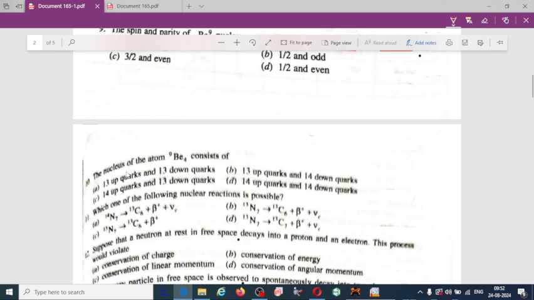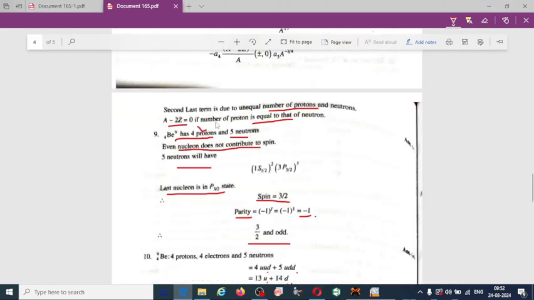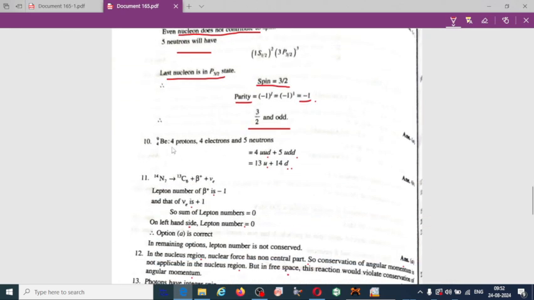The nucleus of a beryllium-9 atom consists of how many up quarks and down quarks? Again, beryllium, as we know, has 4 protons, 4 electrons, and 5 neutrons. According to the quark model, a proton is denoted by 2 up quarks and 1 down quark, so we write 4 times this.